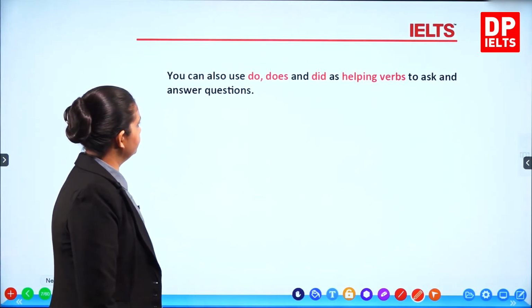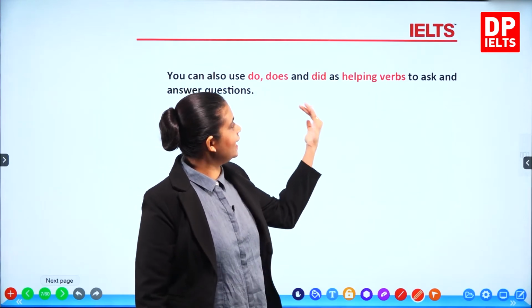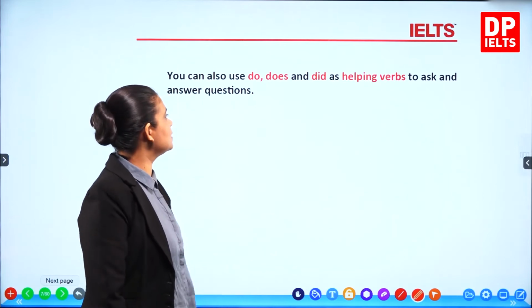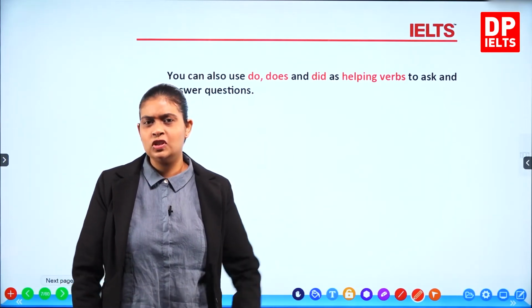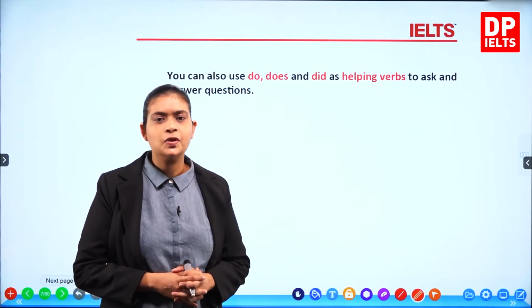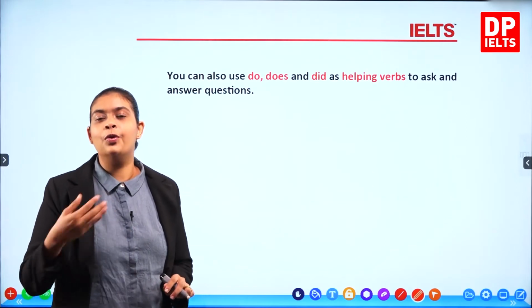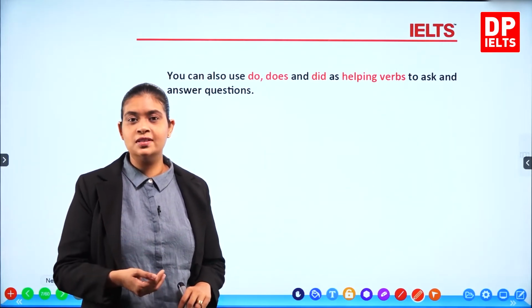Now, you can also use do, does and did as helping verbs to ask and answer questions, which is really good, right? Because they are not only used for sentences, now you know, we could also use it to ask questions.